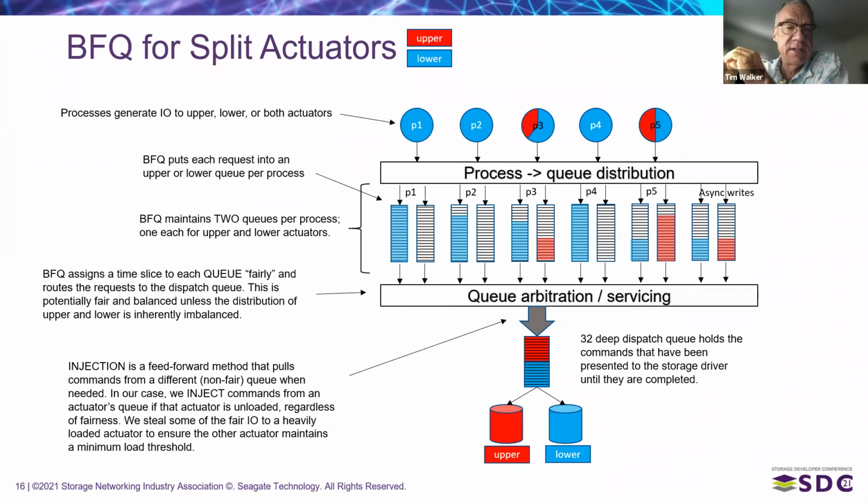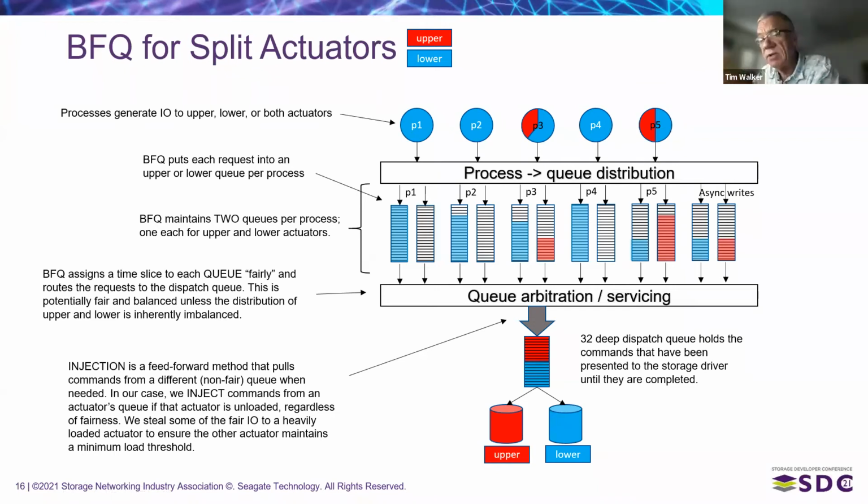In the case where both actuators are seeing random workloads, we can steal 4 slots, 4 of the 32, and assign them to the lightly loaded actuator and get about 75% of the raw random performance that you get of a deep queue. For sequential workloads, 4 is always good enough for full disk rate.